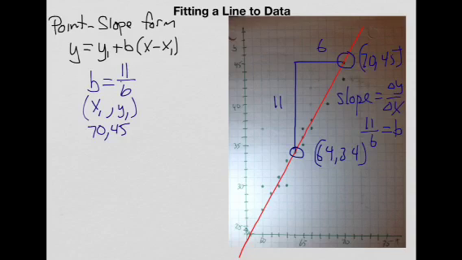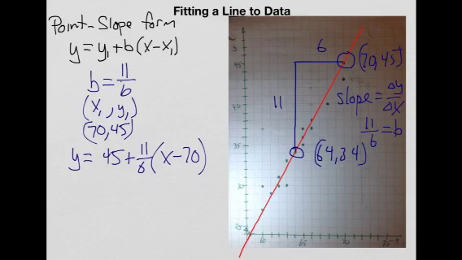So my equation is going to be y equals 45 plus 11 over 6 times x minus 70. I can rewrite that into intercept form, either or by distributing and simplifying it, but this is good enough.